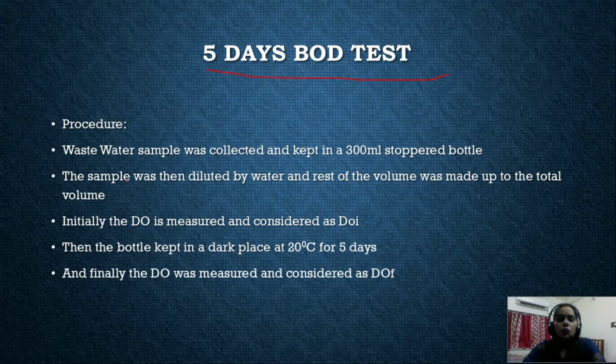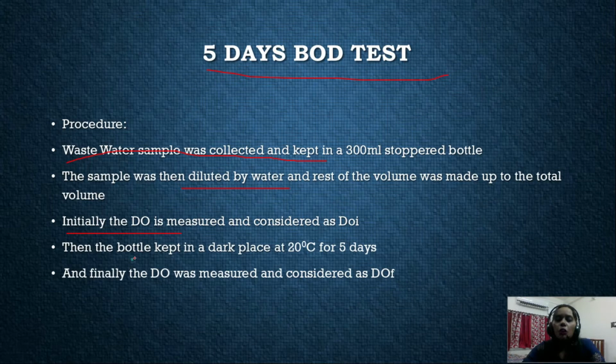So this is the procedure of the 5-day BOD test. As I told you, we have to collect the wastewater, dilute it with water, and then initially the dissolved oxygen will be measured.